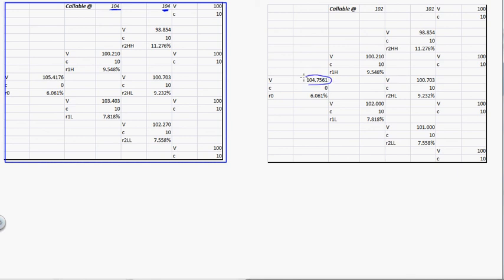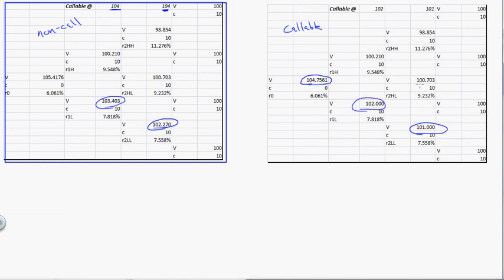This is the price of the callable bond, right? So all that's changed between this is the callable and this is the non-callable. The only differences are it's called at this point and it's called at this point.